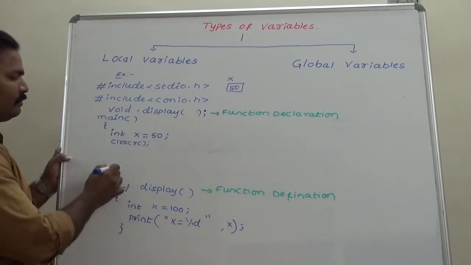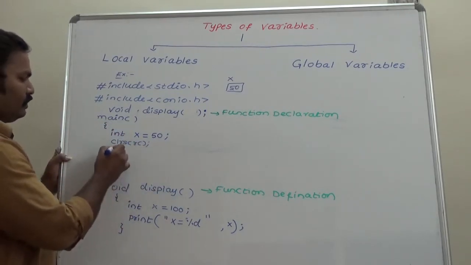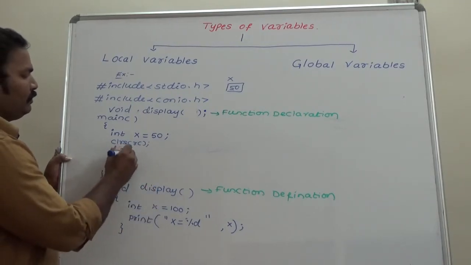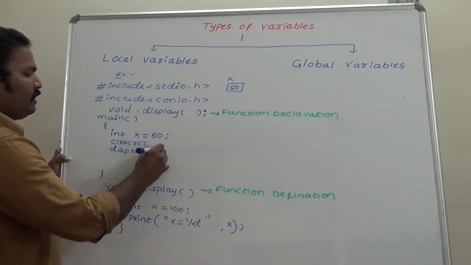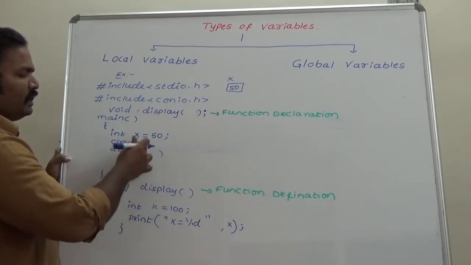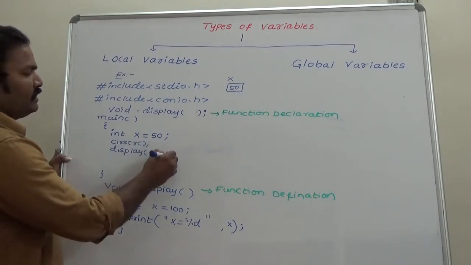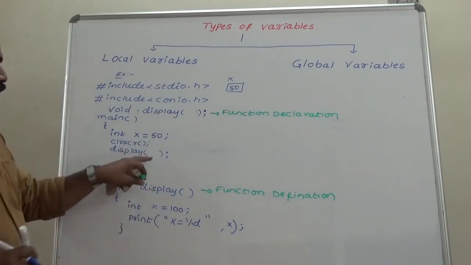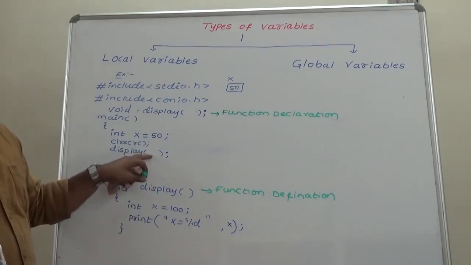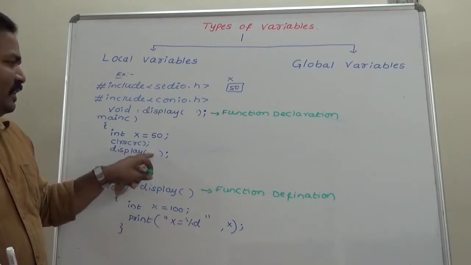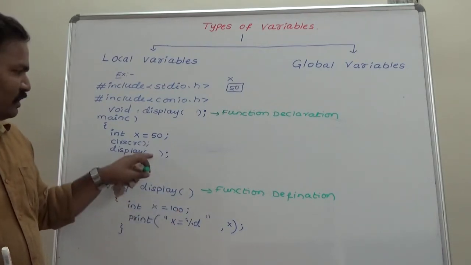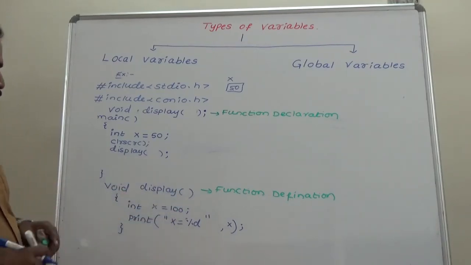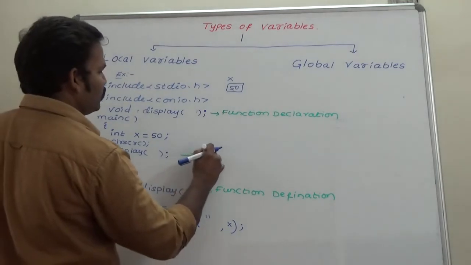A function can be called by using the function name followed by list of parameters enclosed within the parenthesis, ending with a semicolon. Here no need to pass any values as arguments, because this function cannot take arguments and cannot return a value. So this is function call.